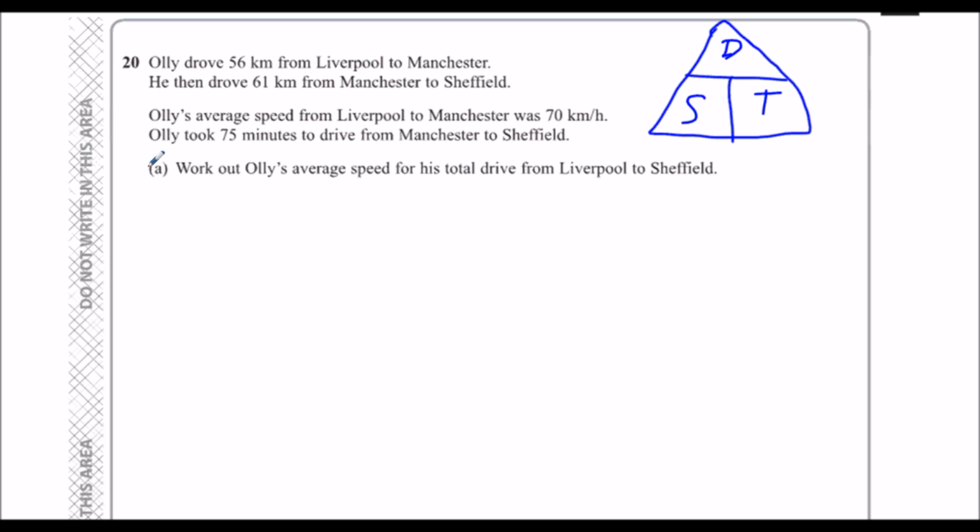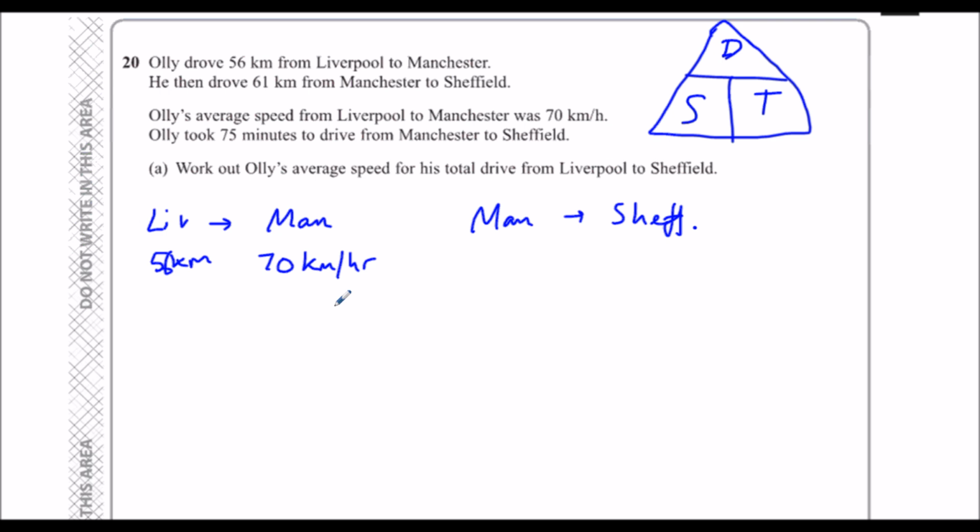And there's 2 parts to the journey. So we go from Liverpool to Manchester, and we go from Manchester to Sheffield. So from Liverpool to Manchester, it's 56 kilometers. And he went at 70 kilometers per hour.